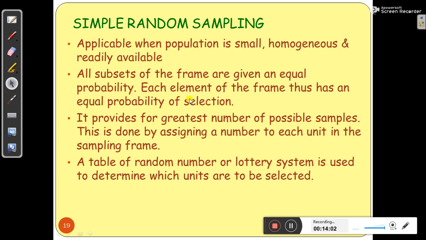That is the mechanism of simple random sampling, and to do it, the population needs to be small, homogeneous and readily available.